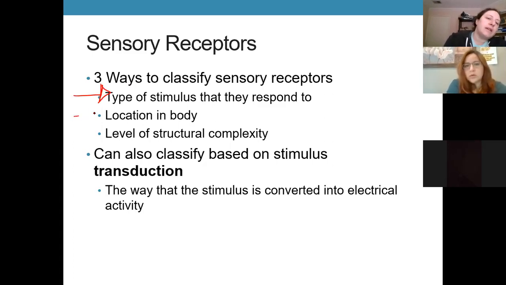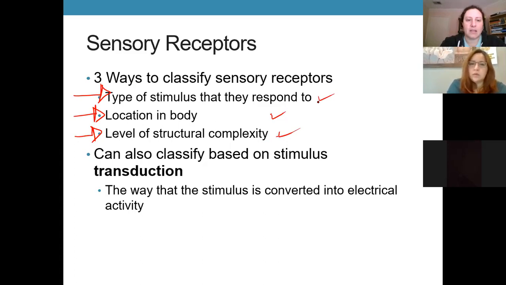Another one is their location in the body. And the third one is the level of structural complexity. So this is basically their appearance or how they're made up, okay? And so all of them can fit into one of the categories in each of these. So we'll talk about that.